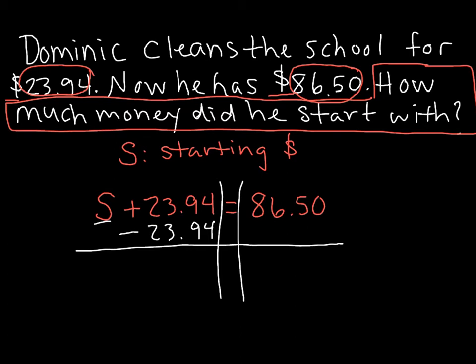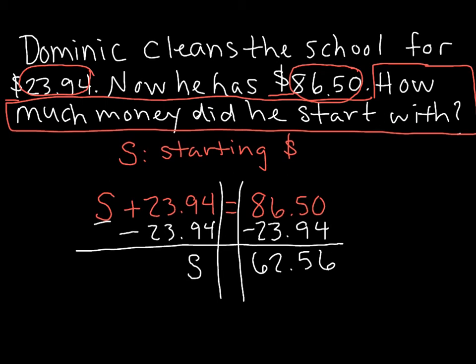So those would go away to 0. And I'm left with S. And I need to make sure to do the same thing on the other side, minus $23.94. And then I type $86.50 minus $23.94 in my calculator. And we think S equals 62.56.